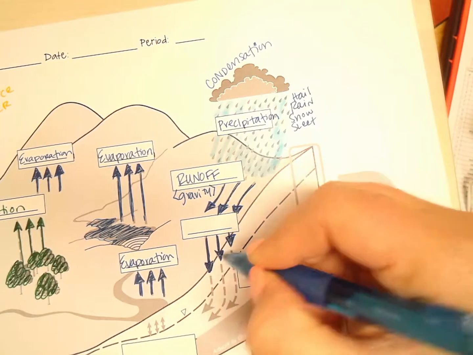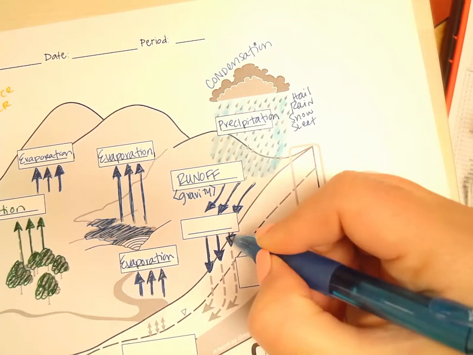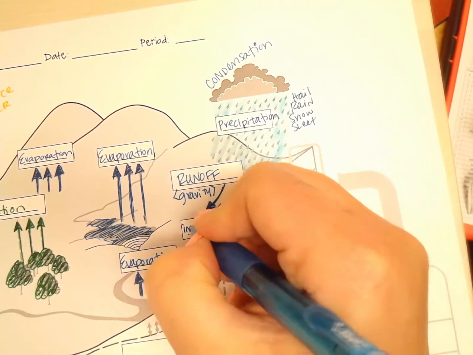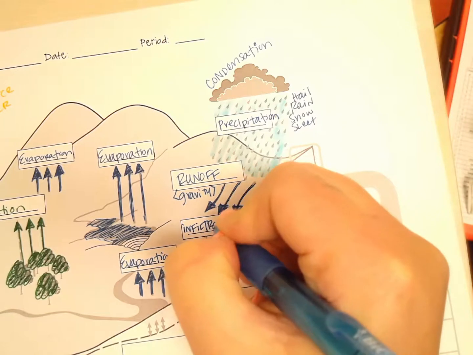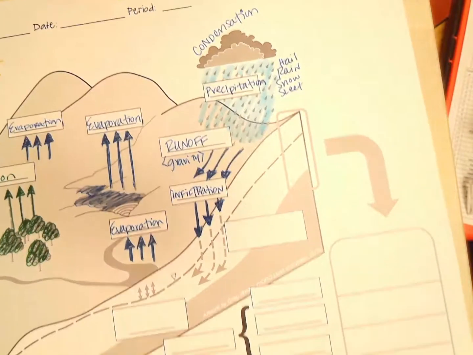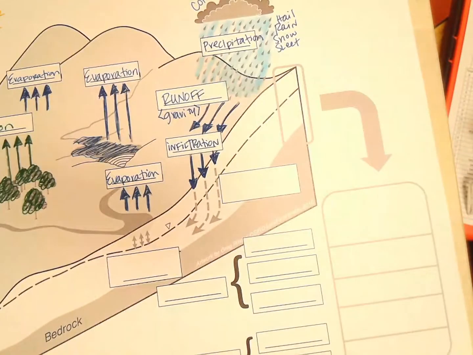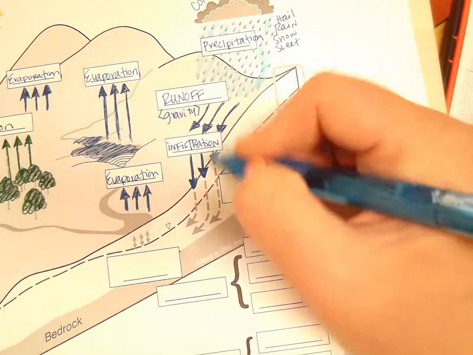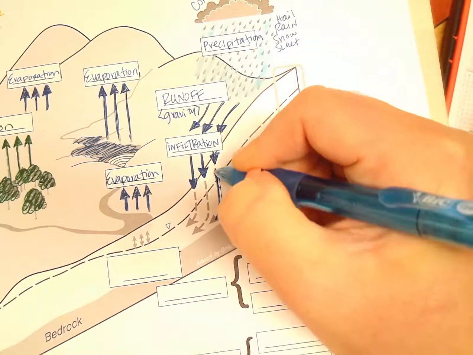And we call this process of percolation infiltration. It's infiltrating the ground, right? It's flowing into the ground surface. It's going to flow through those permeable layers, and we're going to talk more about those in a minute.